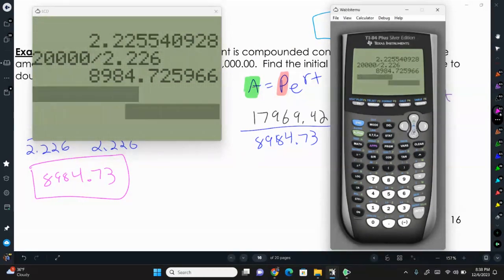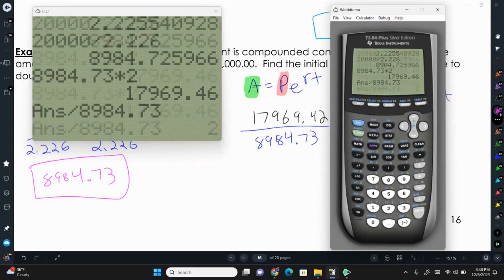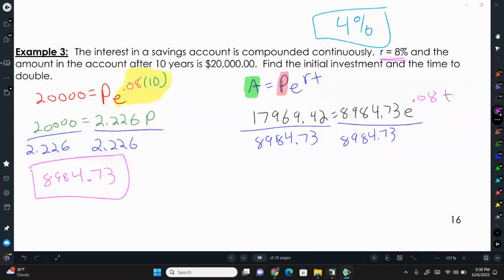And if we take that 17,000 number and divide it by the 8,984.73, we're going to get 2. And that's because we are doubling it. So again, a shortcut for doubling would just be 2 equals e to the 0.08t power.